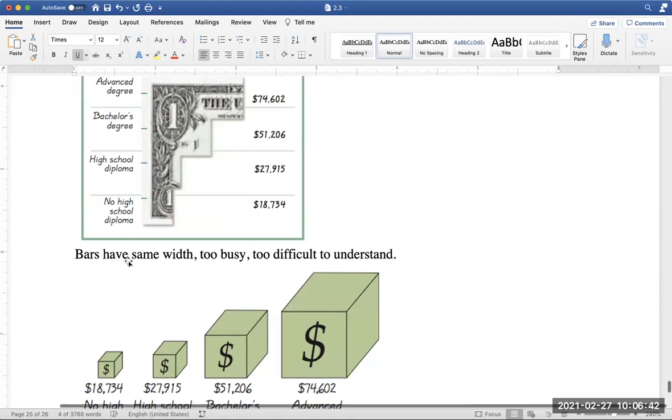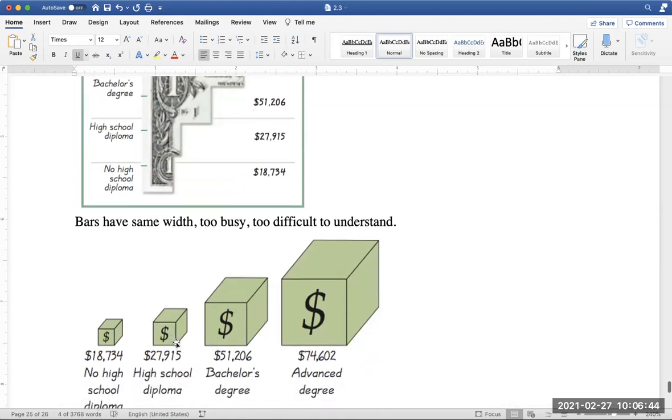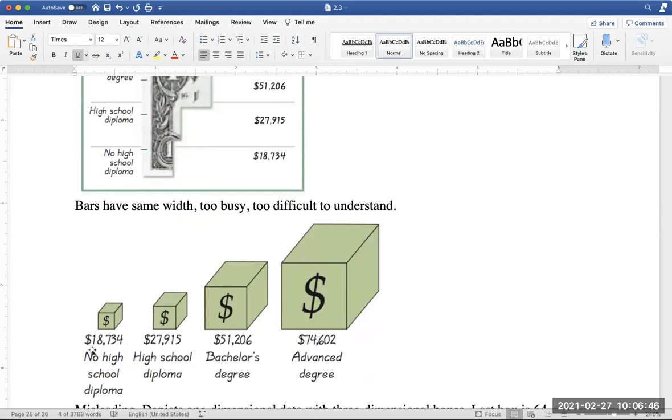And then this is worse. I've seen this before when they've done this. They'll go, okay, here's high school diploma. They have one little cube of gold or something. They usually have it like a little bar of gold. And then high school diploma, bachelor's degree, and then advanced degree.